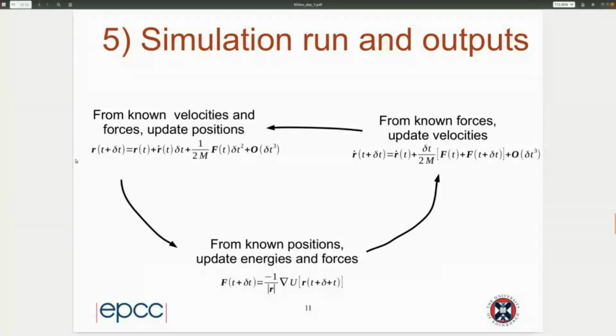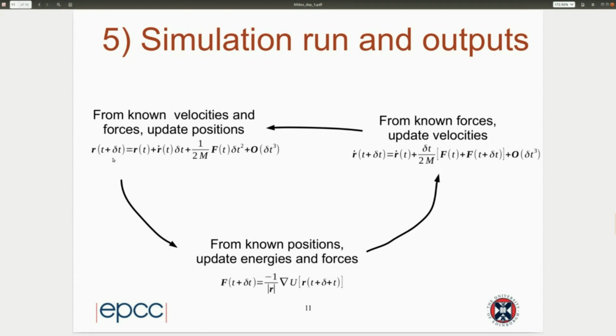These equations that I've written are essentially saying, let's imagine that you've got your positions, velocities, and forces at time t. How do you then find your new positions at time t plus delta t?